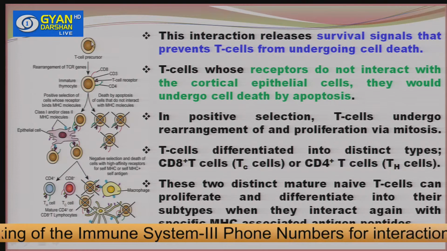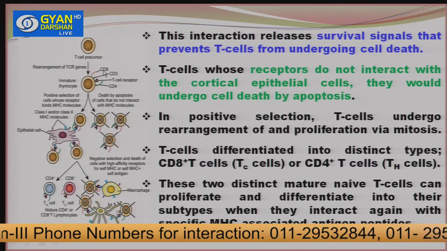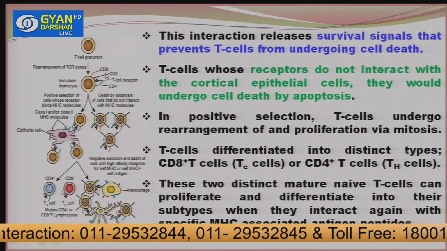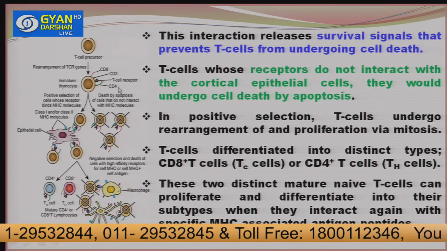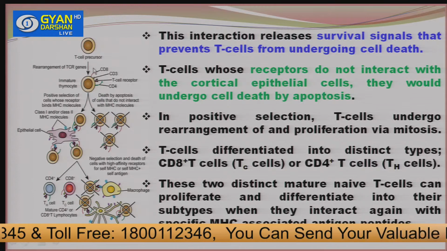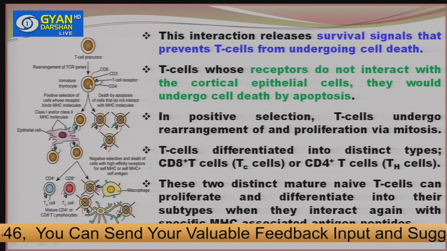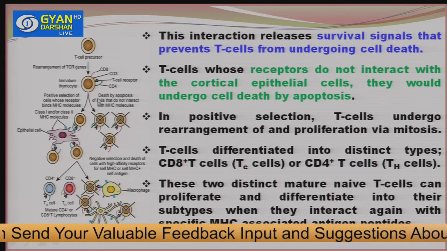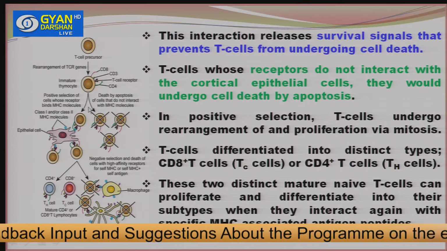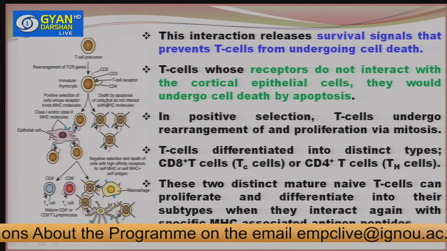So you can see here the T cell precursor. They have different markers, clusters of differentiation CD8 and CD4 positive, and T cell receptors. These are the different CDs, and if they encounter and bind to the antigenic peptides, they will mature; otherwise maturation will not take place.